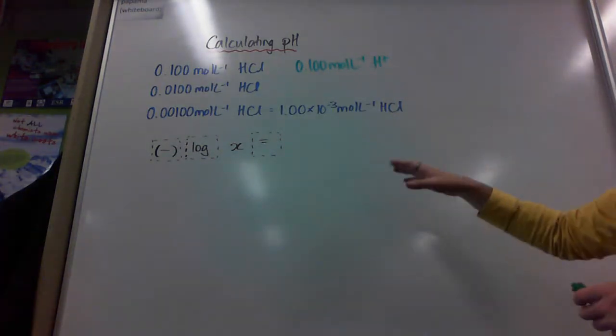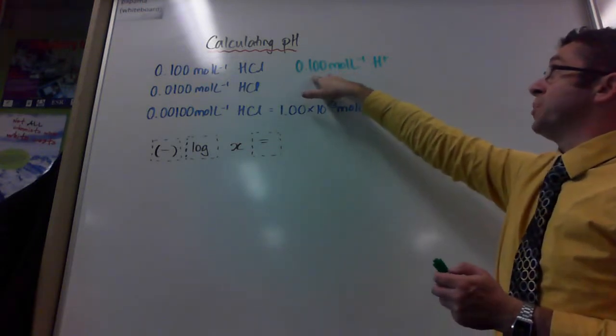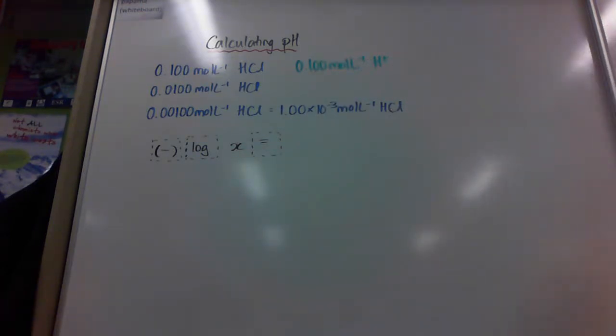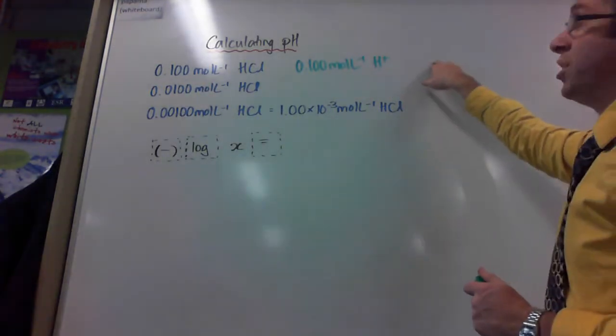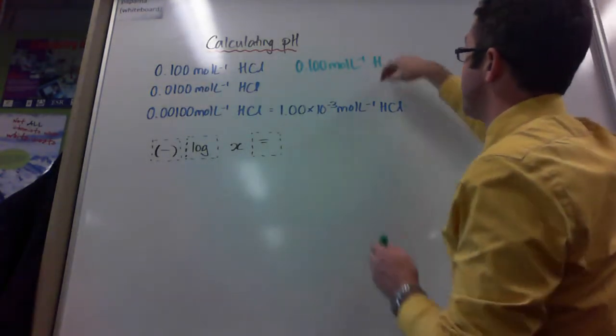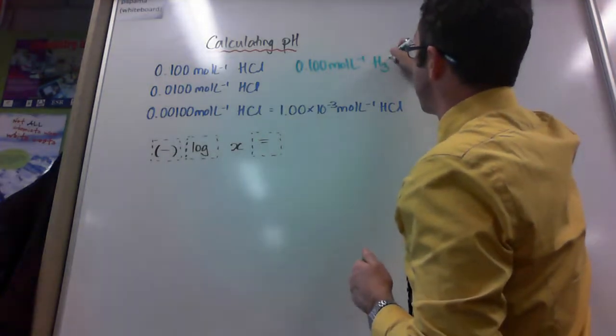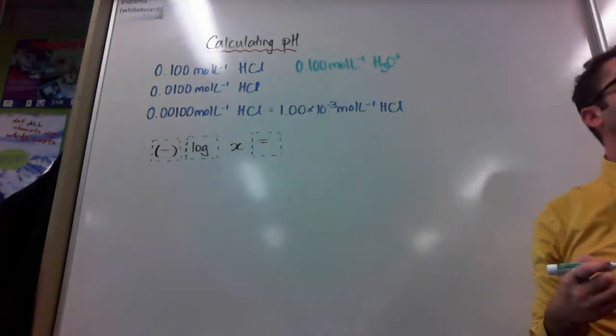Okay? So when it reacts, it'll become 0.10 moles per litre of hydrogen ions and 0.10 moles per litre of chloride ions. These will then attach to the water to become not H plus, but H3O plus, the hydronium ions.